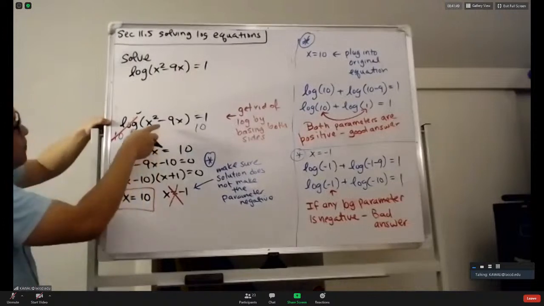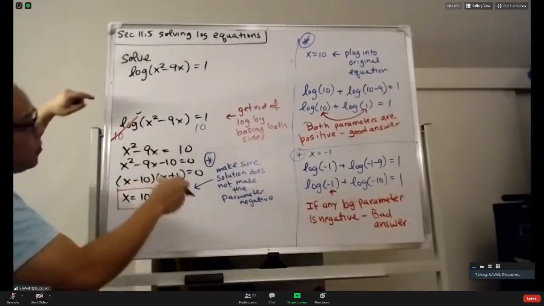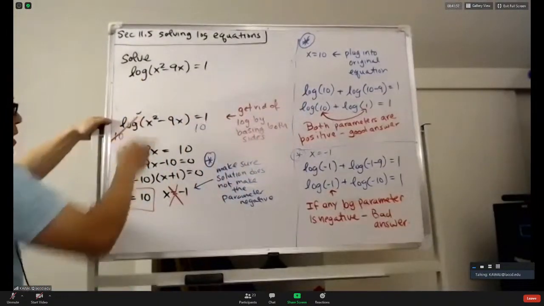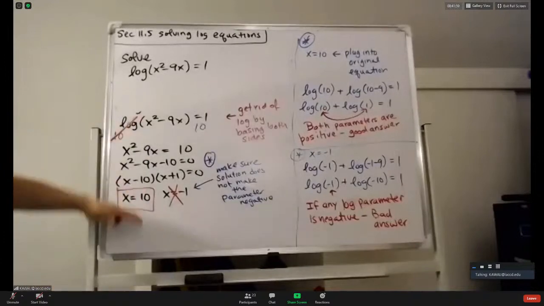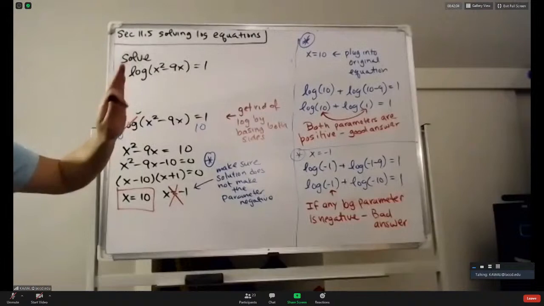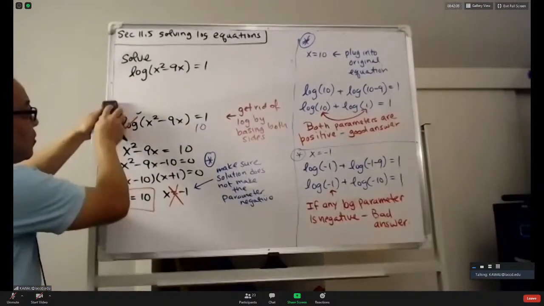I'm just taking it from here. We didn't start from this, we're starting from here. Now go ahead and solve that problem. We should get the same thing. We should get x equals 10, x equals -1, but when we double check it, we should get a different result. So what's this?